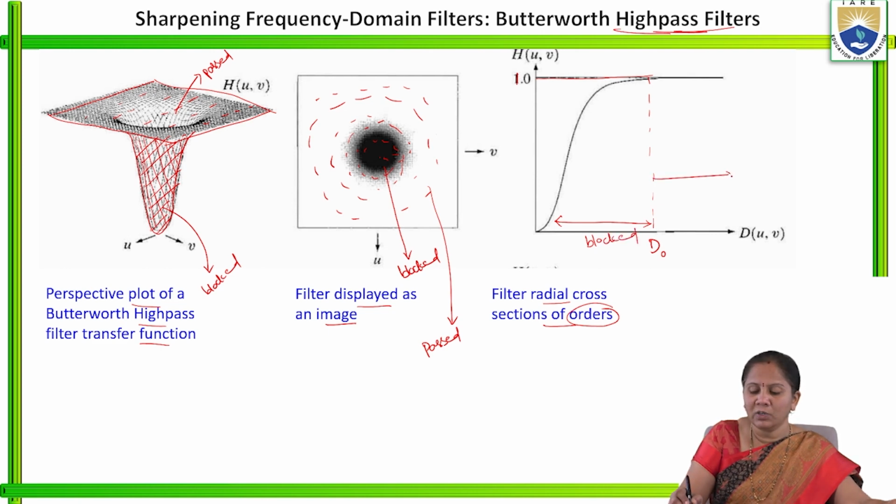After this D0, these are the higher frequencies, and these higher frequencies will be passed. So we can have a curve. The shape of the curve may slightly vary if we change the value n in the transfer function of the Butterworth high pass filter.